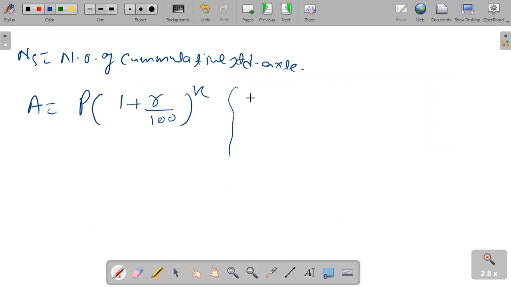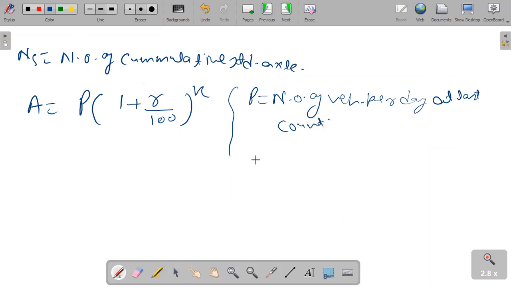Here P is number of vehicles per day at last count, and x is number of years between last count and completion of pavement construction.